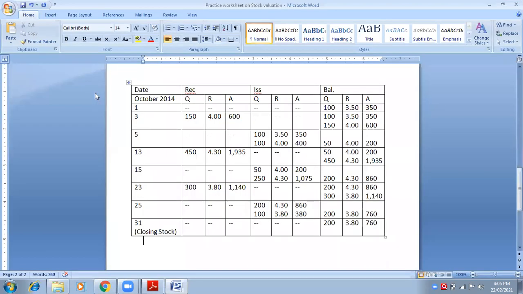Draw the lines now, same as you have drawn in the earlier sums. Date, receipt, issue, balance. After receipt, issue, balance, you have to give a partition into three different columns: quantity, rate, and amount for each of these columns: receipt, issue, and balance.